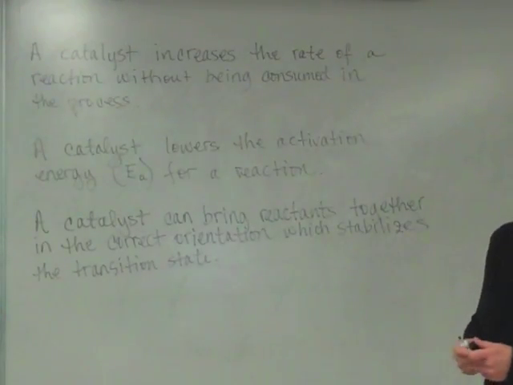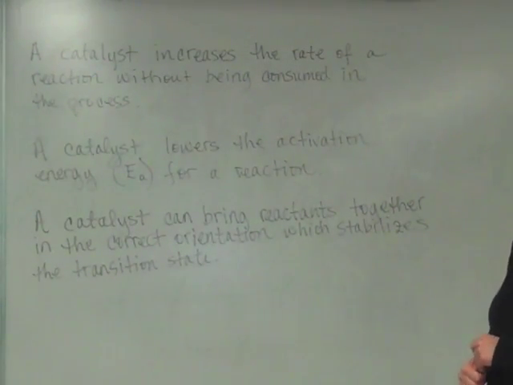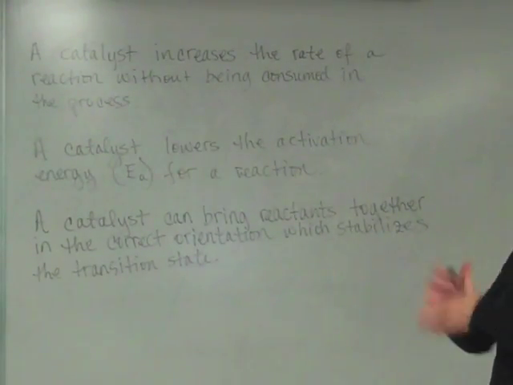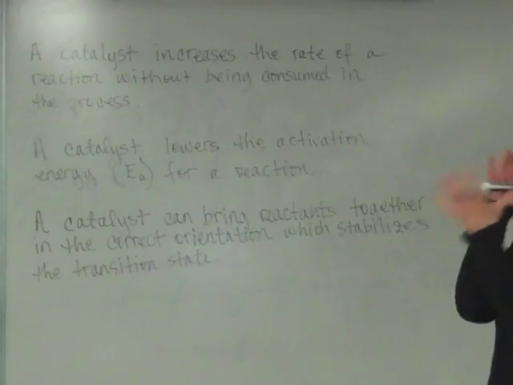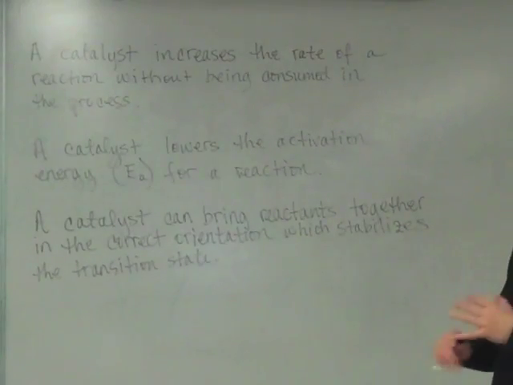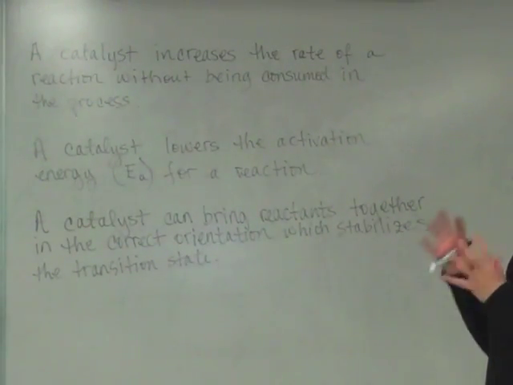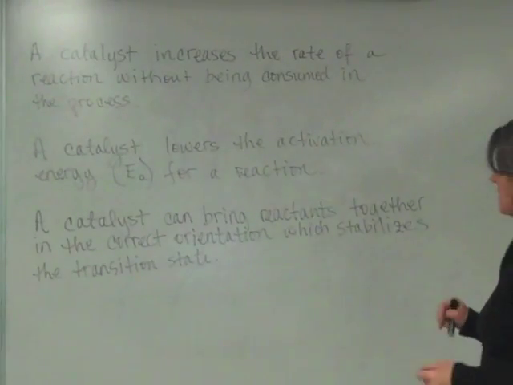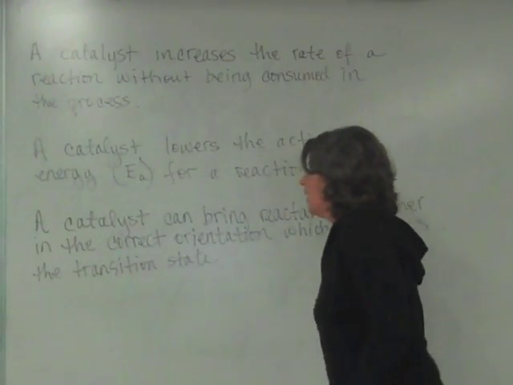Okay, so biological enzymes are an example of this. Surfaces can do that too, where the reactants can bind to the surface right next to one another, and the way that they're bound will allow them to react, will stabilize their transition state.